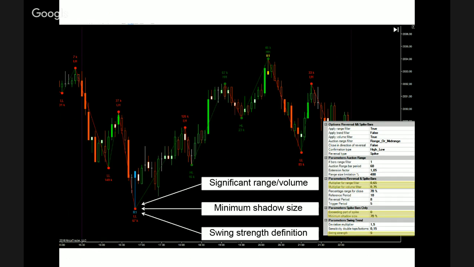That is a zigzag filter in the background here, marking the higher highs and the lower lows of the spike bar. So a spike bar needs to mark a new low of the last 5 bars, is what we've set this to. And then we have a rejection of this price level here and shooting back up into the range here.